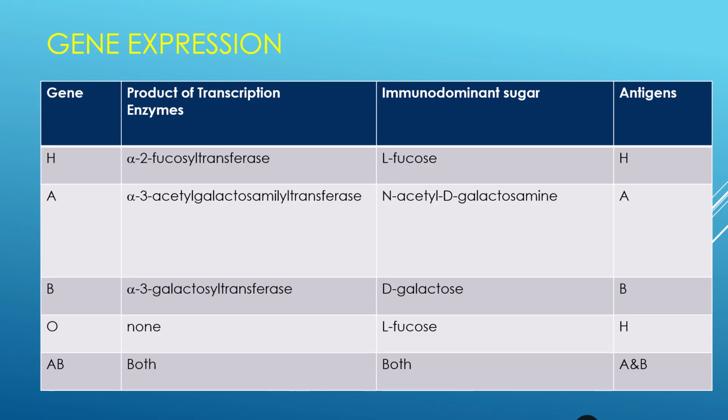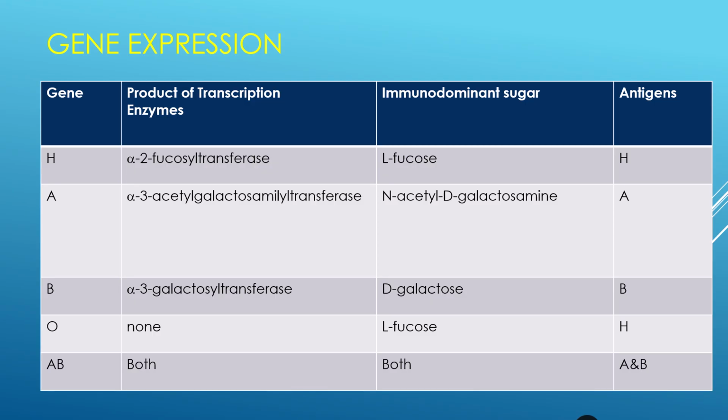The A gene produces alpha-3 acetylgalactosaminyltransferase, and the immunodominant sugar that is attached to the H substance is the N-acetyl D-galactosamine, making the A antigen. The B gene creates alpha-3 galactosyltransferase, which attaches the D-galactose to the H antigen to produce the B antigen.